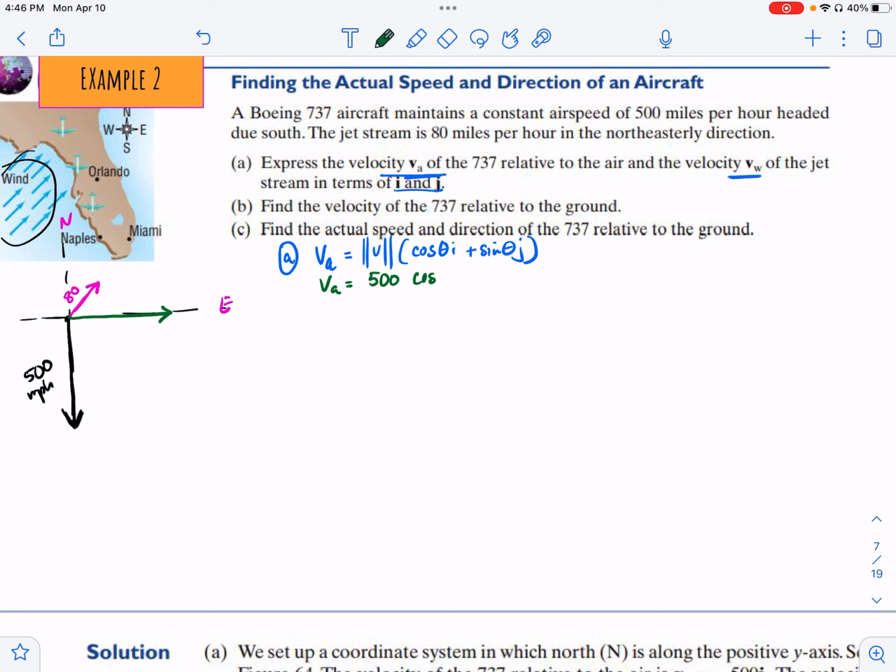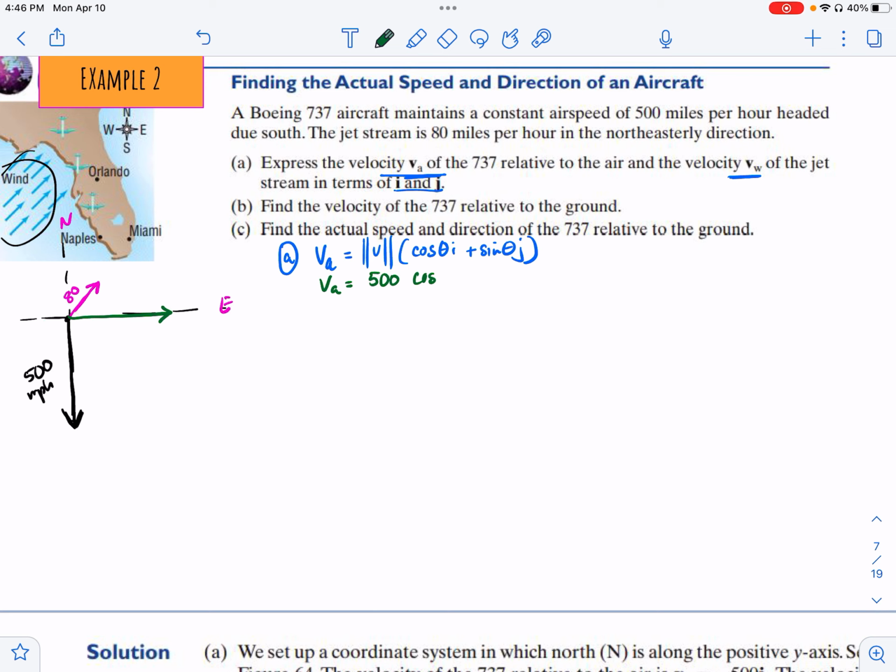So both the vectors together represent the resultant vector. So VA plus VW automatically represents the result of both the forces acting on the aircraft. So find the velocity relative to the ground.